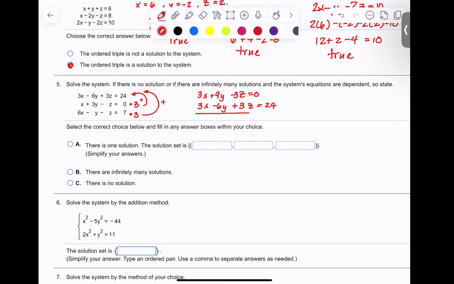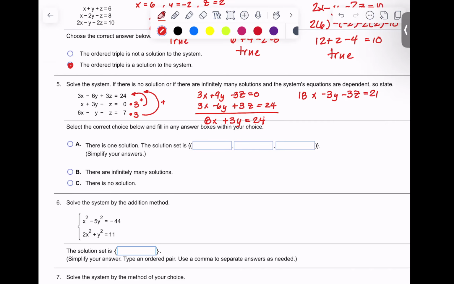All right, so now let's add those together. So I have 6x plus 3y is equal to 24. So there's my first equation in x and y. So now I'm going to multiply that third equation by 3. Make sure I do it right this time. 3 times 6 is 18x minus 3y minus 3z is equal to 21.